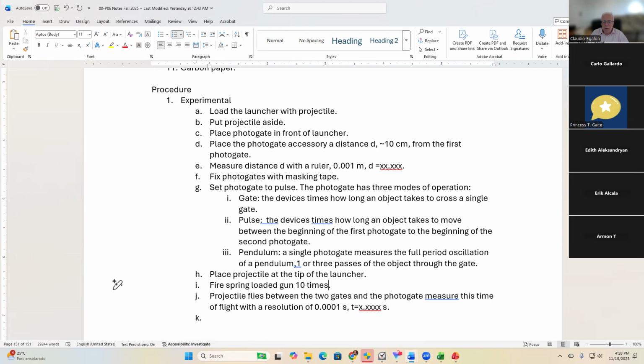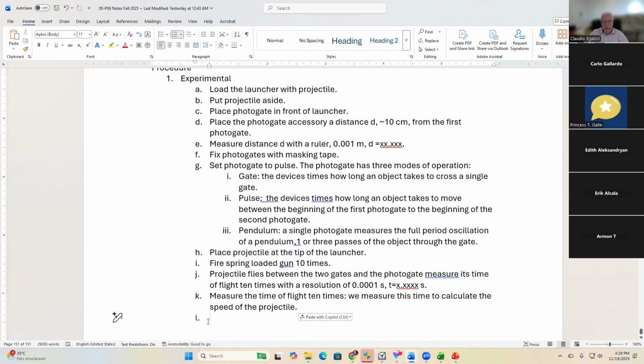The projectile flies between the photogates and the photogate measures its time of flight, 10 times, with a resolution of 0.0001 seconds. Here is each measurement that you have, x.xxxx. After firing the projectile 10 times, calculate the speed of the projectile, the average.